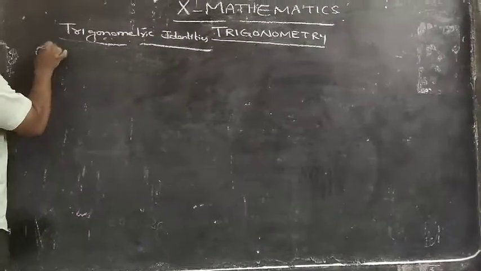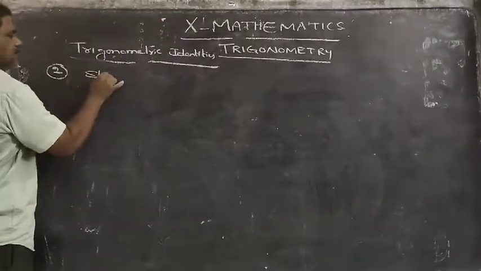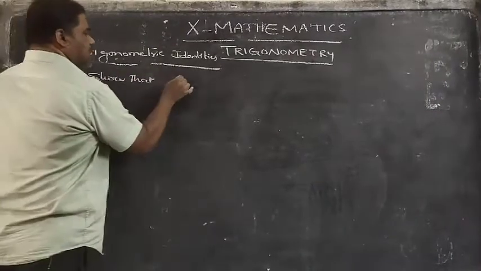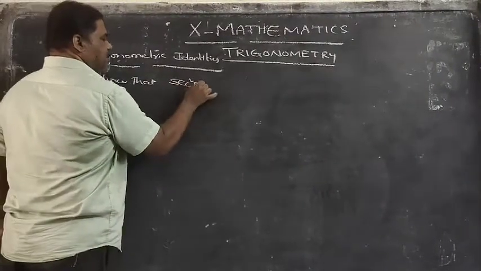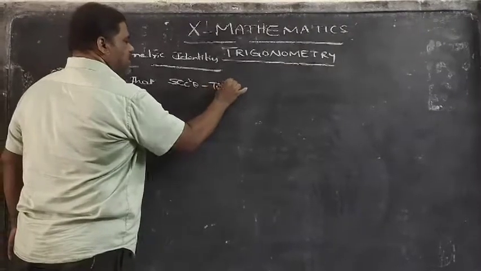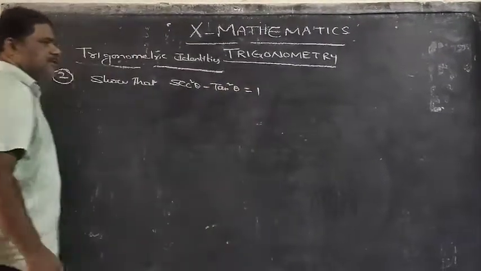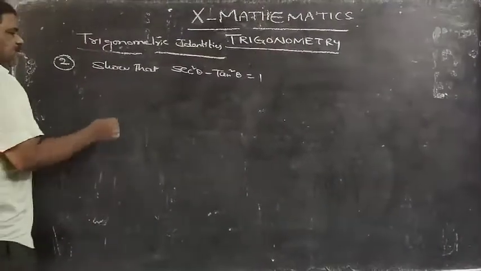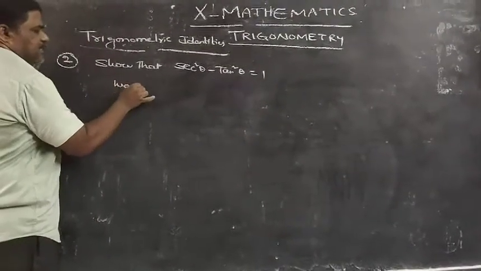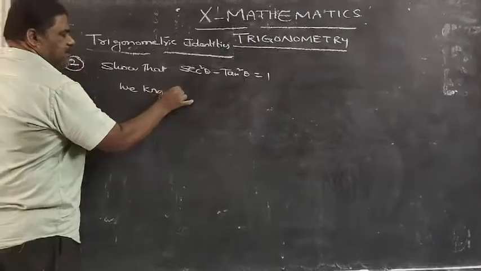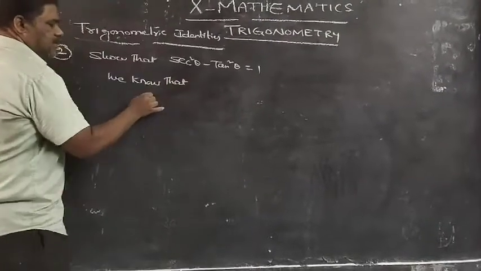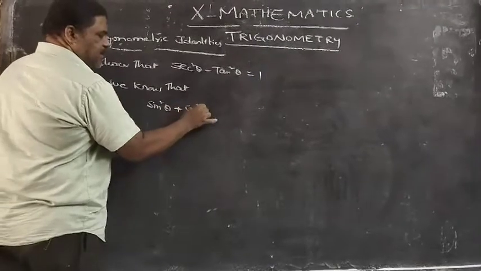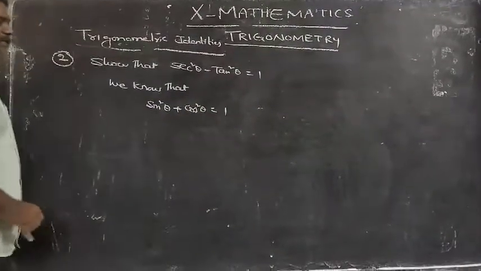Right, second one, show that secant square theta minus tan square theta is 1. Just now we proved that sin square theta plus cos square theta is 1.